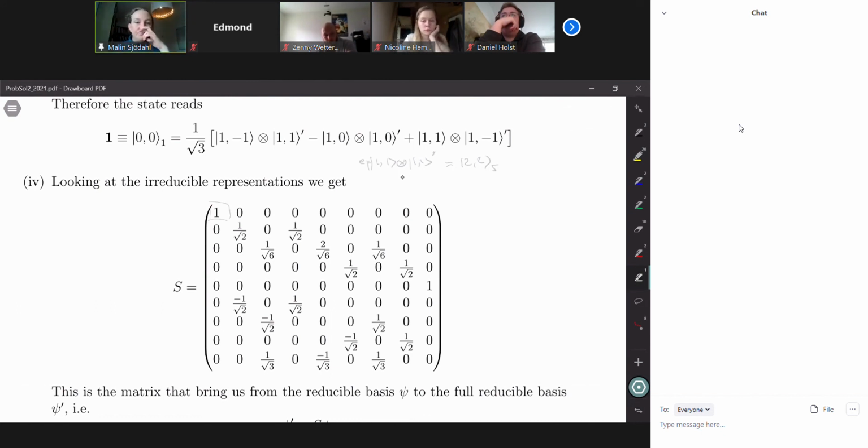Then I can, in similar ways, find the relation between the basis states in the direct product representation. So the direct product representation basis states are obtained by the direct product. So E1 would be |1,1>|1,1>, as we have seen, with the prime there, but I'm going to ignore the prime.